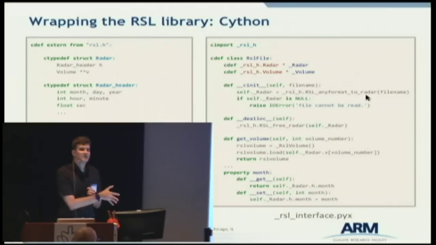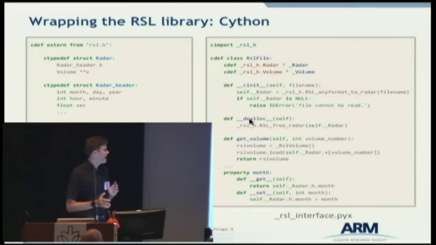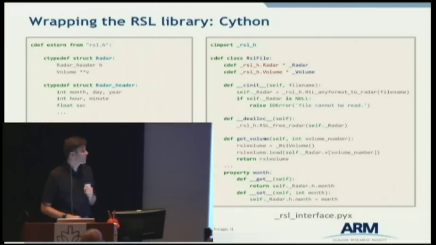So this is actually a C function in the RSL library that returns a radar structure. And we're going to store that because we've already made space in that class for the pointer to that structure. It can return null, so we have to do some null checking. We won't get nice error exceptions, and if we do. The other thing is, when that instantiated class, when that object falls out of scope, we want to free the memory that's associated with it.